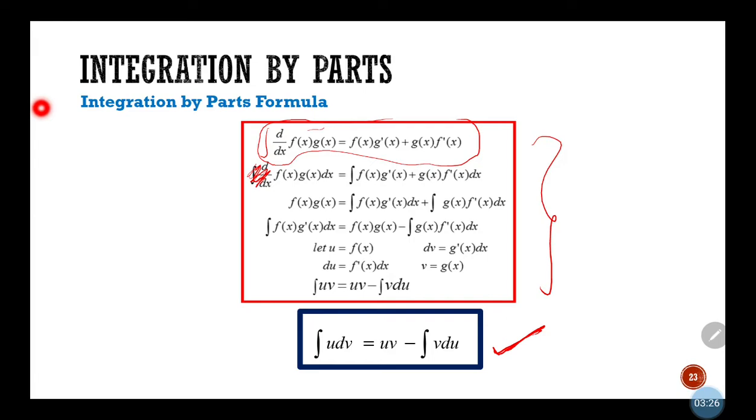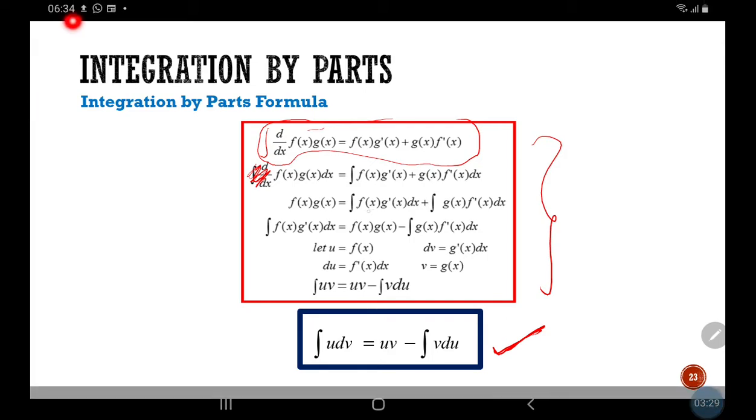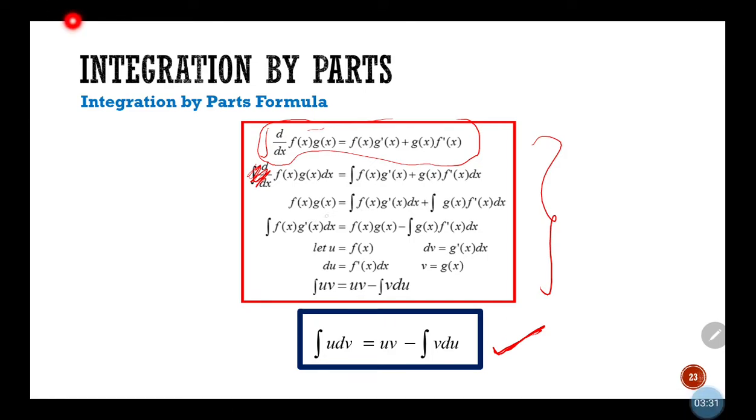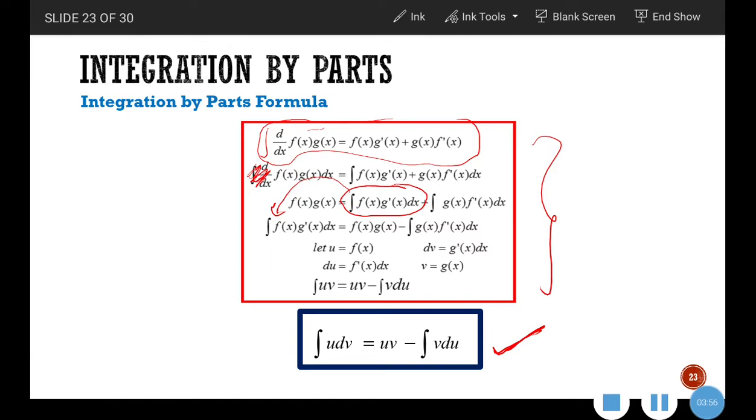Then dari sini, we have the integral of f(x)g prime(x) dx is equal to f(x)g(x) minus the integral of g(x)f prime(x) dx. Maknanya saya susun balik integration ni. Sorry, bukan yang ni bring to the left hand side.